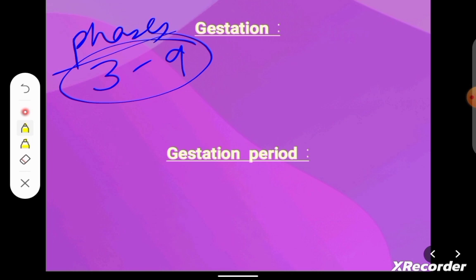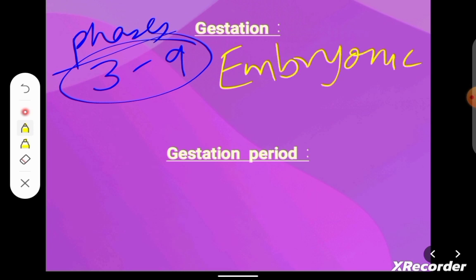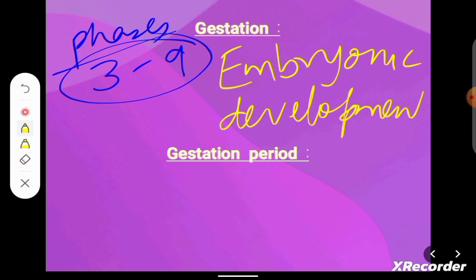So did you get what it is? It is the embryonic development. The process of embryonic development from the fertilization till the maturation or till the delivery of the baby is known as the gestation.